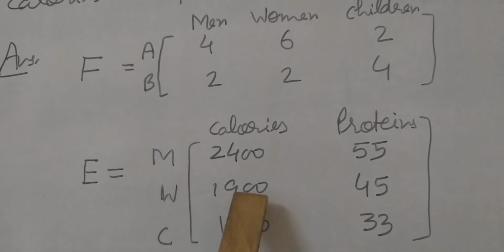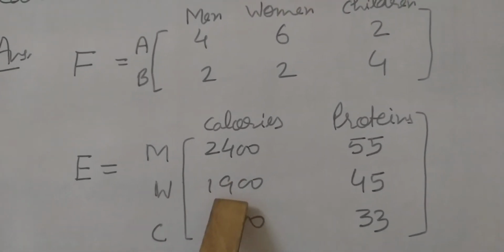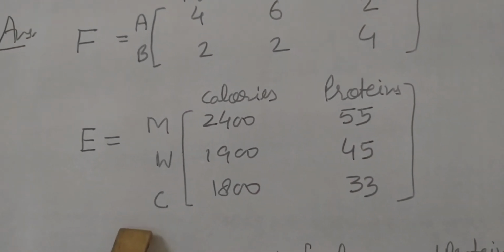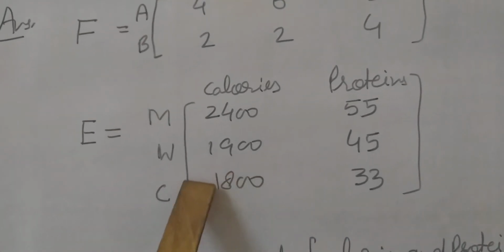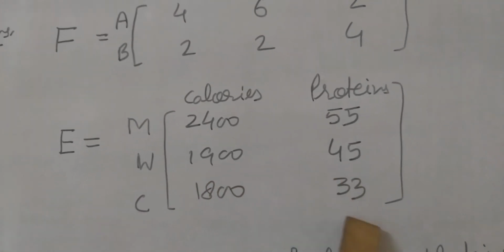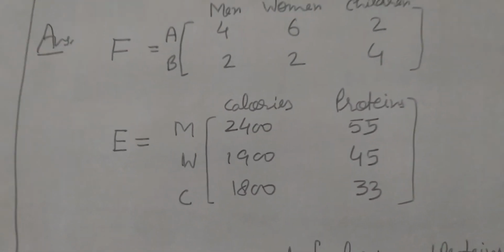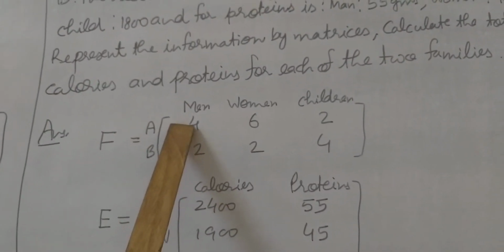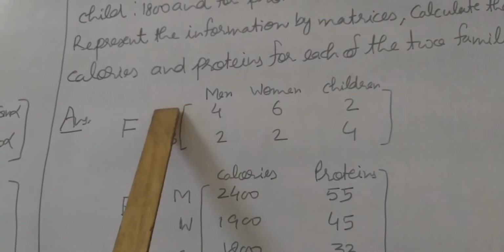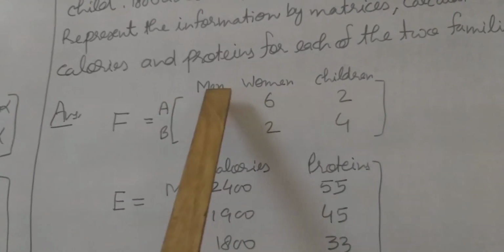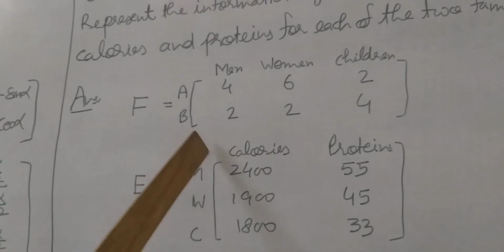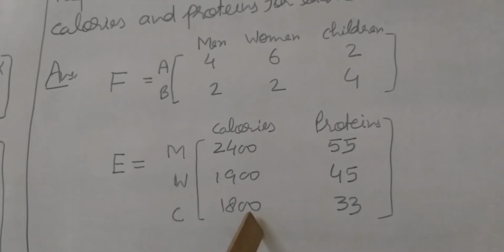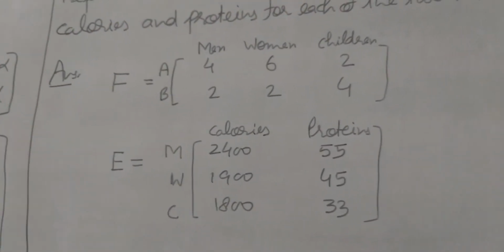Second, in front of woman I have written calories for one woman and protein for one woman. Here for a child I have written calories for one child and protein for one child. Okay student, correct? You can see I have written man, woman and children in the form of rows here, and their requirement I have written in the form of column, for man, for woman, for child. Okay student, so this you have to remember.